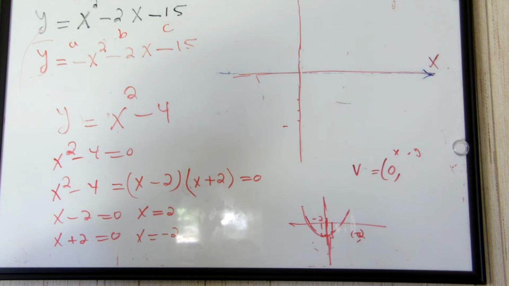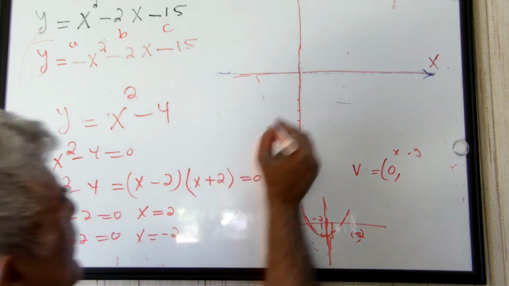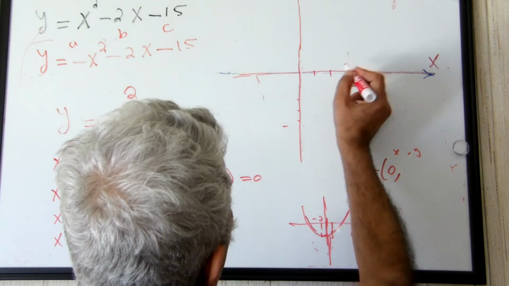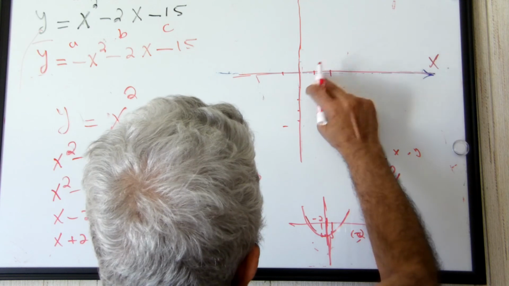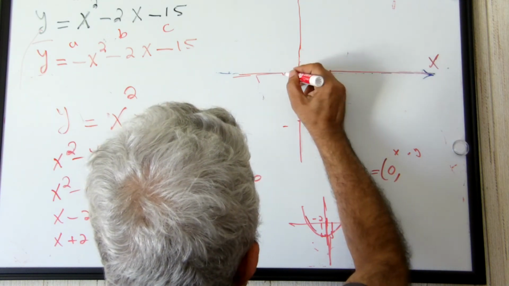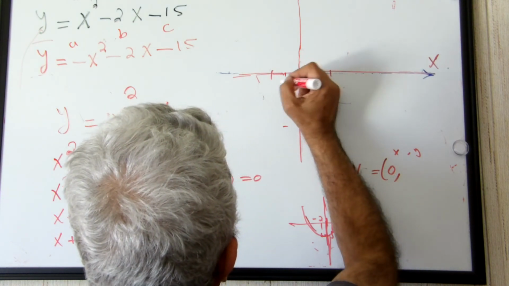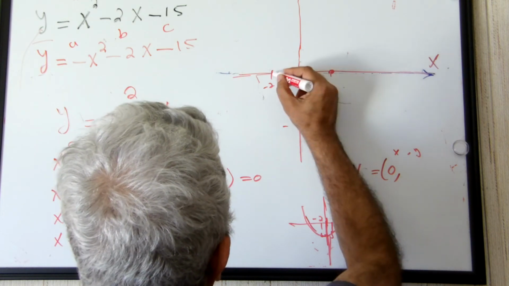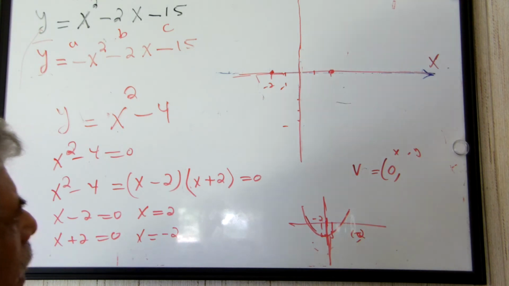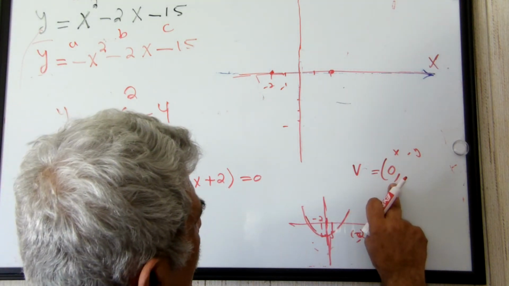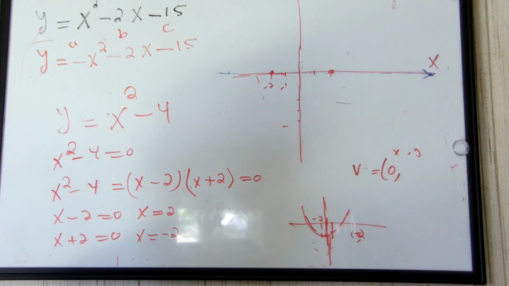Now, we know that this is going to intersect at 1, 2, and 1, minus 1, minus 2. You know that these two are going to intersect. So we find that the vertex of this quadratic, the x coordinate is 0.